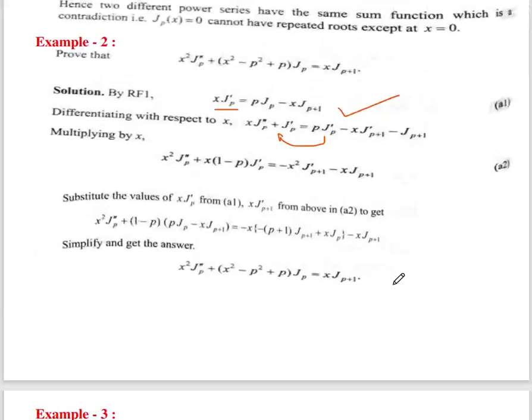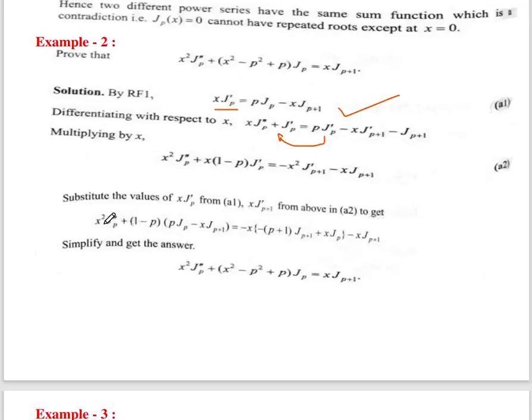Okay. Now we will substitute the values of x J_p dash from A1 and x J dash p plus 1 from A2. So therefore x square J double dash p plus (1 minus p) J dash p equal to p J_p minus x J_p plus 1 from equation number A1, equal to minus x J_p dash, that is minus (p plus 1) J_p plus 1 plus x J_p minus x J_p plus 1 as it is.